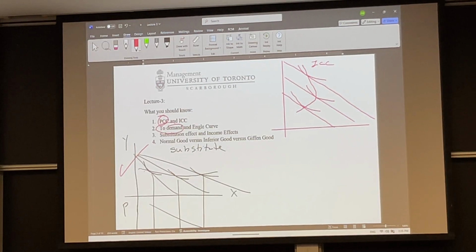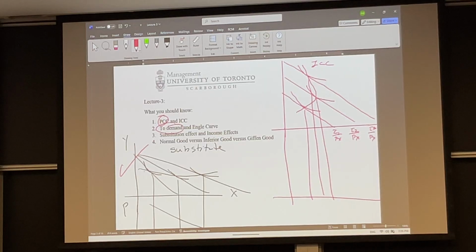Go down here, find the optimal point corresponding to X and the income, put it on a vertical line. That's the initial income. That's how much you consume. That's the next level of income. That's how much you consume.